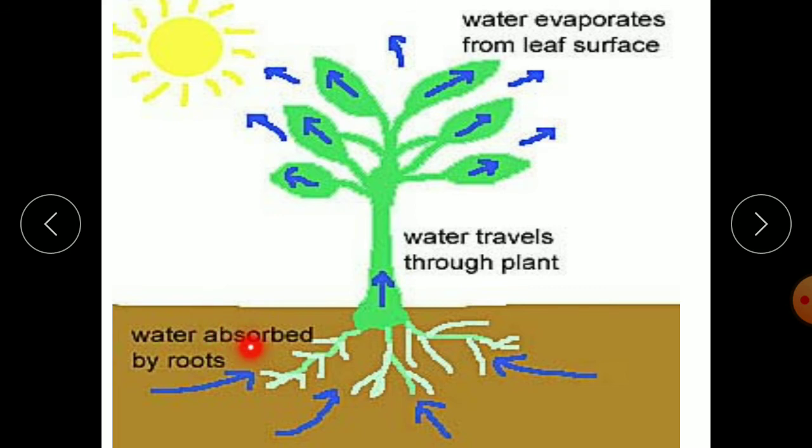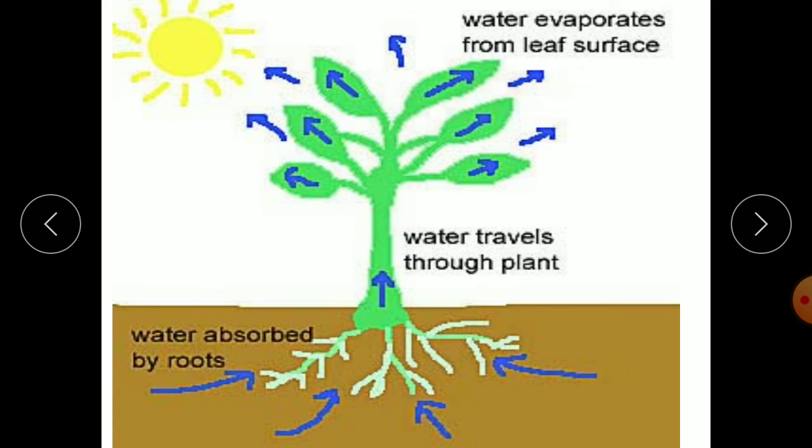First, the active transport of ions takes place from soil to the roots, and due to accumulation of ions inside the roots, osmotic pressure is created, because the concentration of solute is more inside the root and the solvent concentration is more outside the root. Solvent means water here, so water will automatically move inside the roots by the process of endoosmosis. So this is root pressure, and transpirational pull is created by the transpiration process.